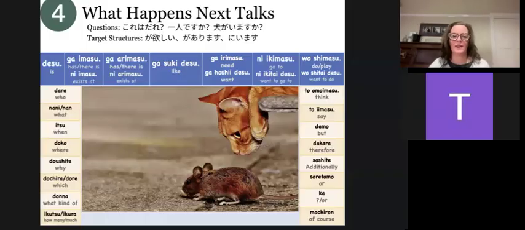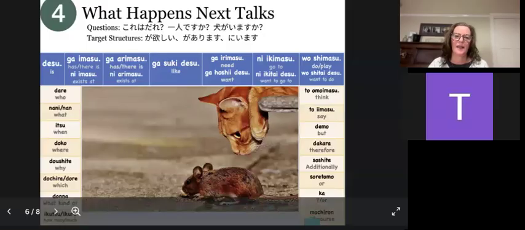What do you think? So, 猫はネズミを食べたいだと思いますか? 何を食べたいですか? What else?